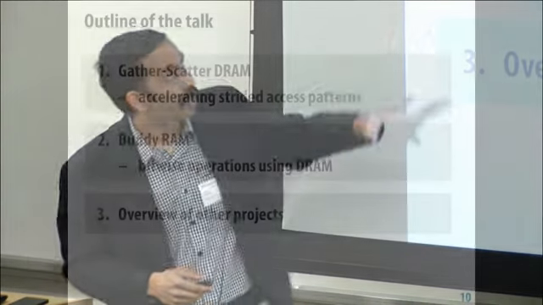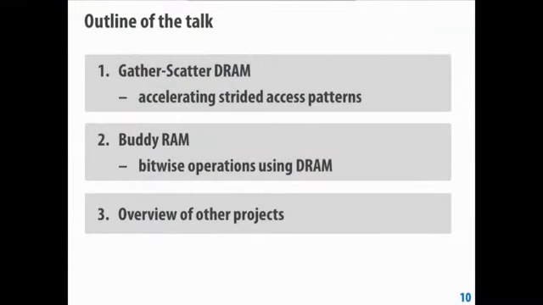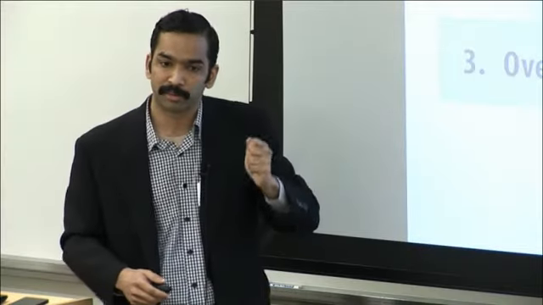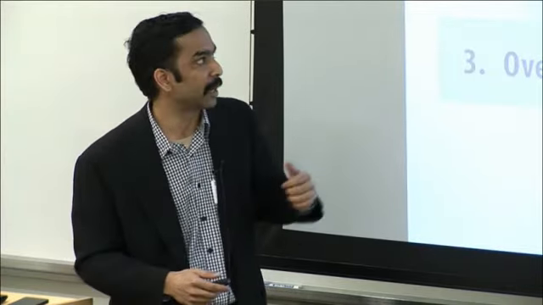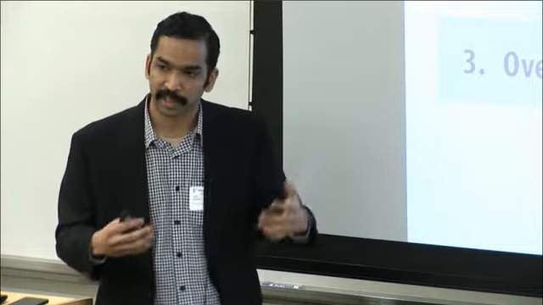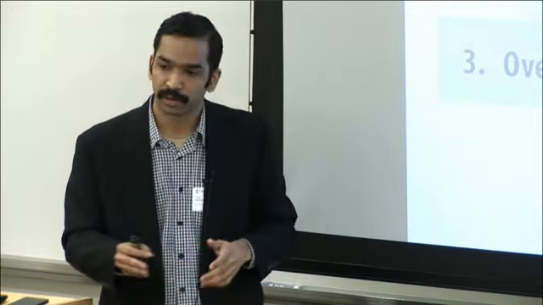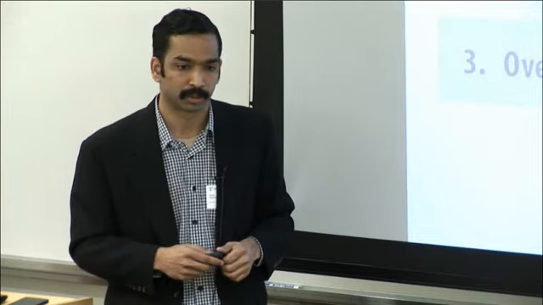In this talk, I'll be focusing mostly on the two recent works: gather-scatter DRAM, which is a mechanism to perform strided access patterns within DRAM, and BuddyRAM, which is a mechanism to perform bitwise operations completely inside DRAM. And finally, I'll end the talk with an overview of my other projects and future work.